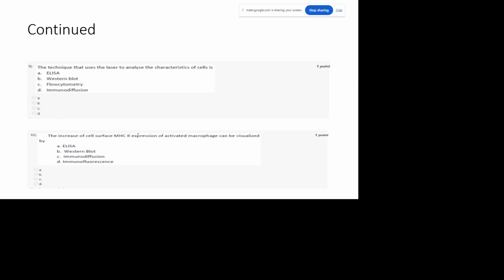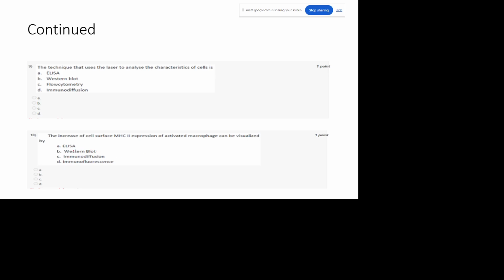If you use the antibody, it can help you quantify the concentration of the MHC class 2 expression, but it will not let you visualize. Similarly, Western blot is for protein detection, so you cannot visualize by Western blot. Immunodiffusion also not. It is for calculating the concentration of the antigen or whatever protein you want to quantify.